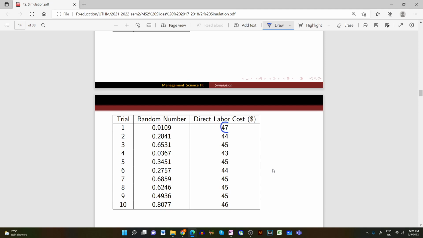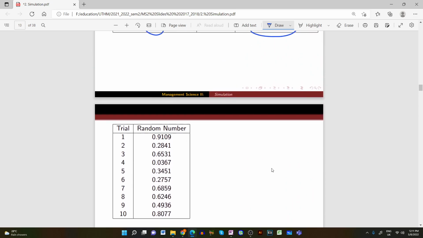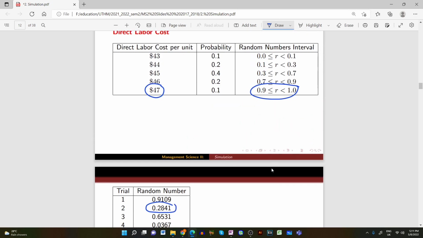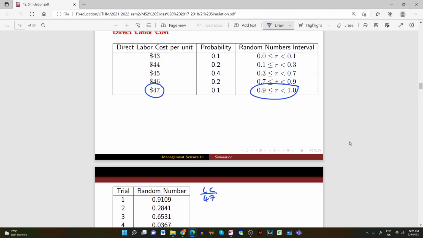Can you understand? Okay, now I teach you the second one. 0.2841. The labor cost for the first one is 47. For the second one it is 0.2841, which is somewhere here, in between here.